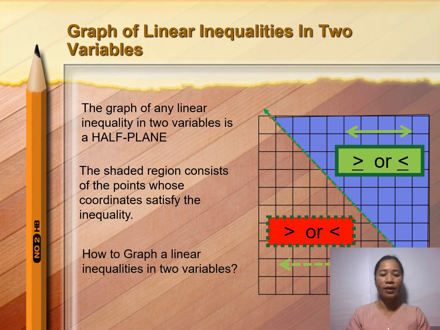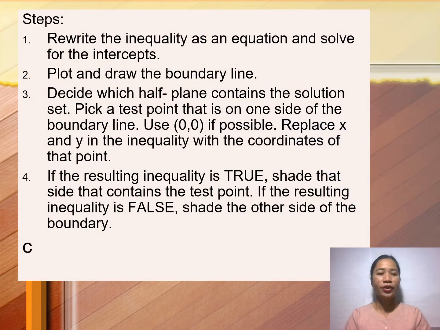Okay, how to graph a linear inequality in two variables? There are four steps. Number one, rewrite the inequality as an equation and solve for the intercepts. Second, plot and draw the boundary line. Third, decide which half plane contains the solution set.